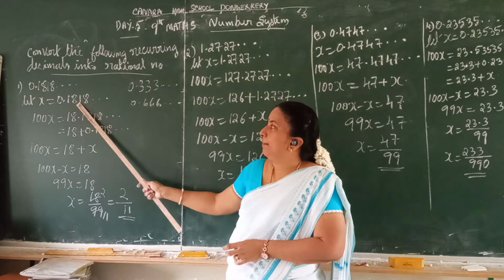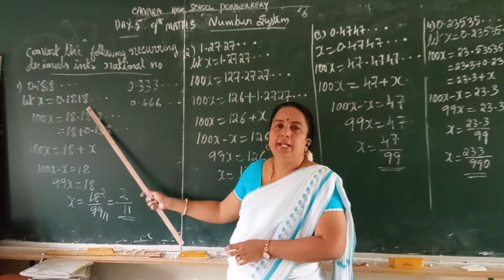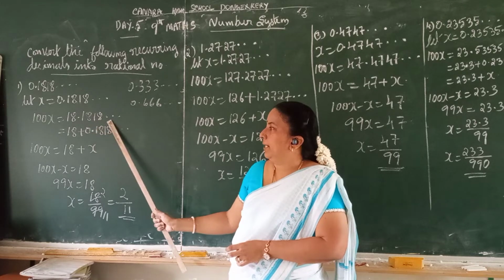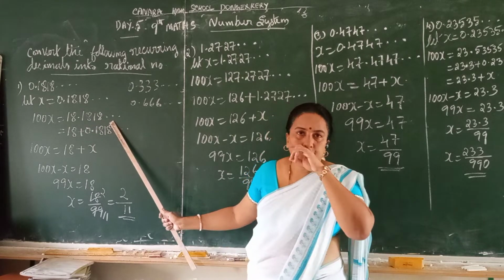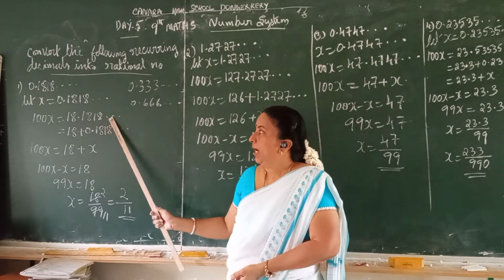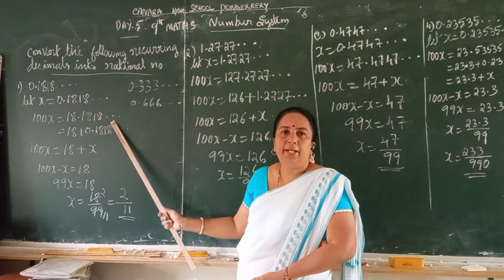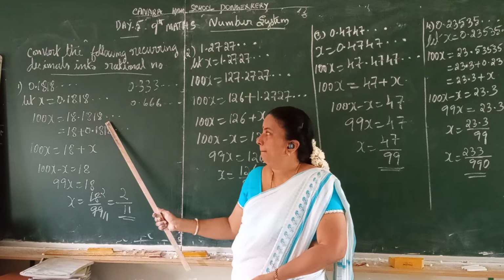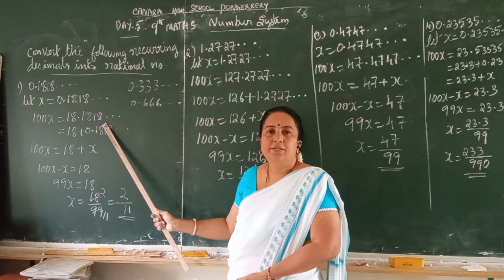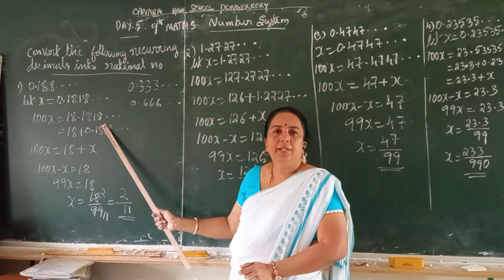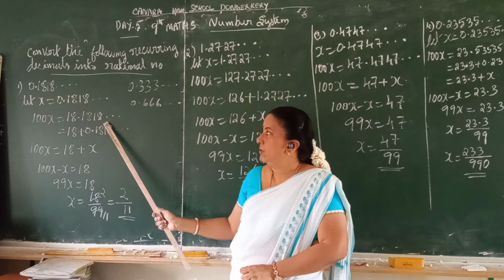Then it becomes 18.181818 and so on. Next write 100x is equal to 18.1818 and so on. Understood now how it became 18.1818?